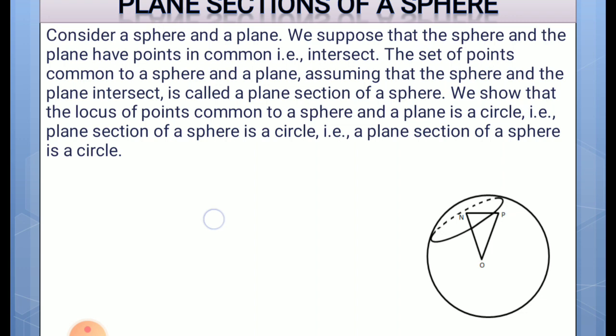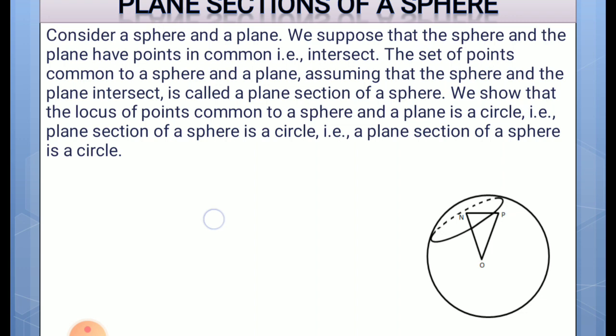For example, a ball is a sphere, and we shall consider a knife and assume that it is a plane. When we cut the ball with a knife, then the front part is circular, and that will be the plane section. That means a plane section is always a circle. You have to remember that.